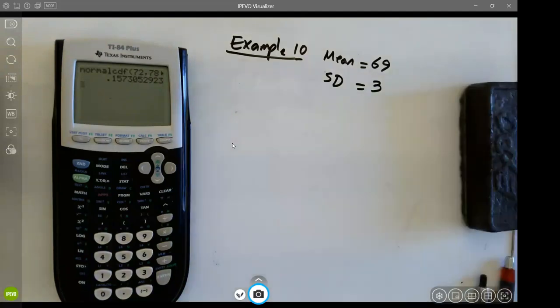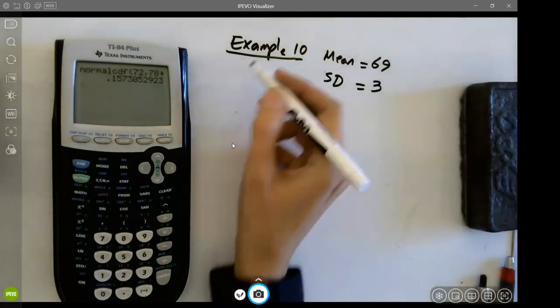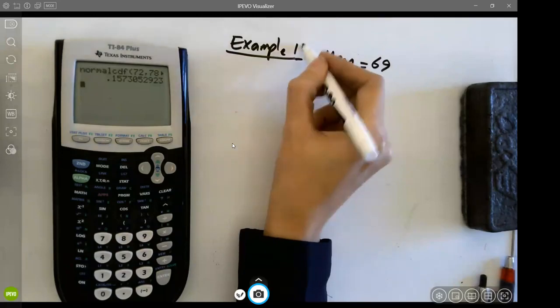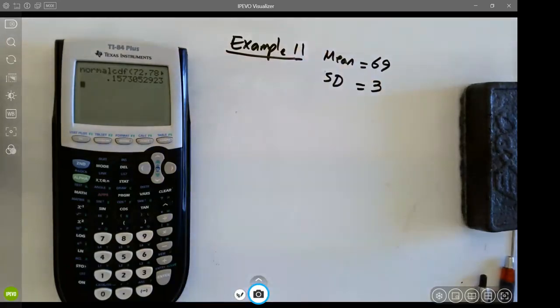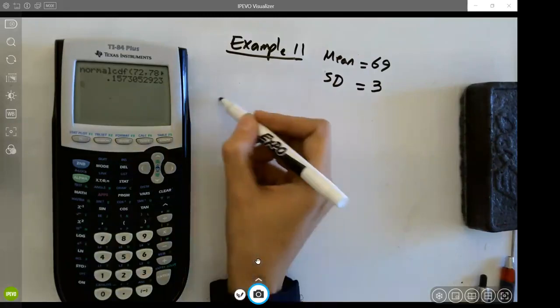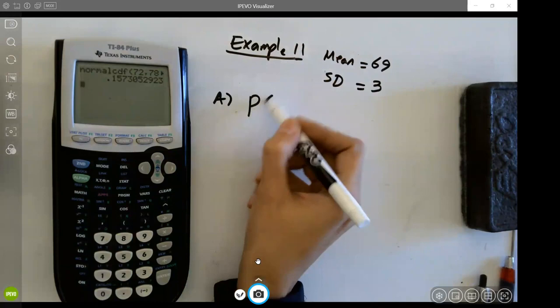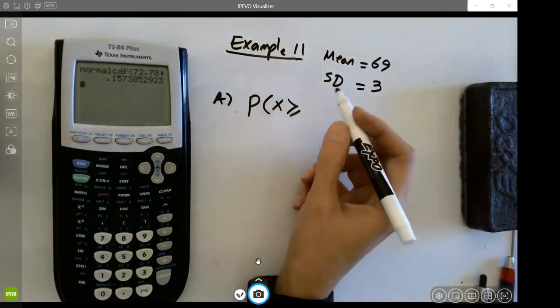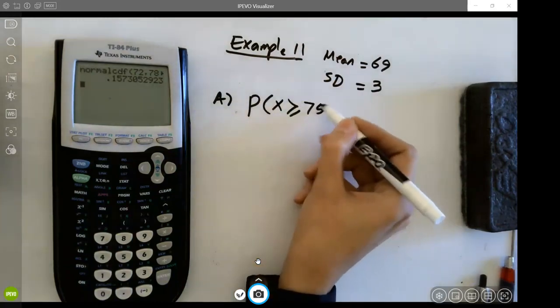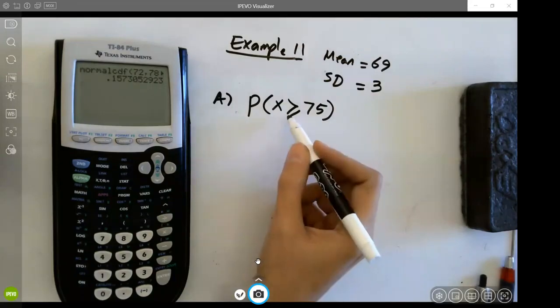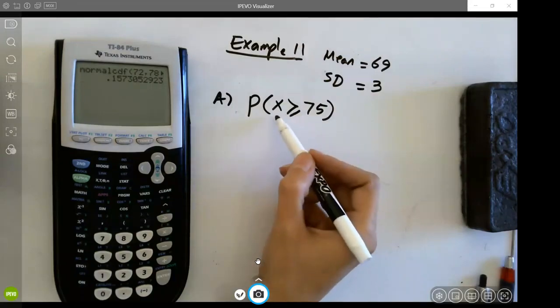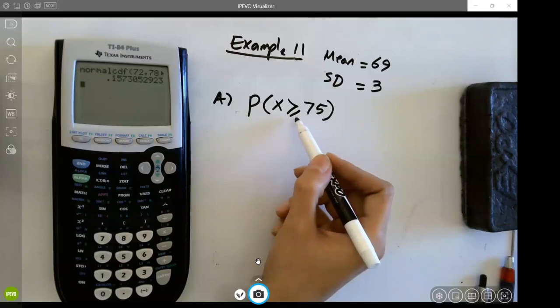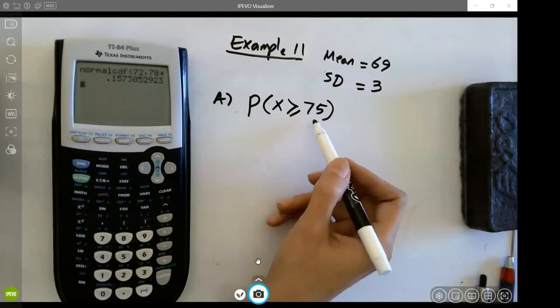So now we want to find the probability, question 11, that X is greater than 75. You randomly select a person and you want to know what is the probability that the height is greater than or equal to 75 inches.